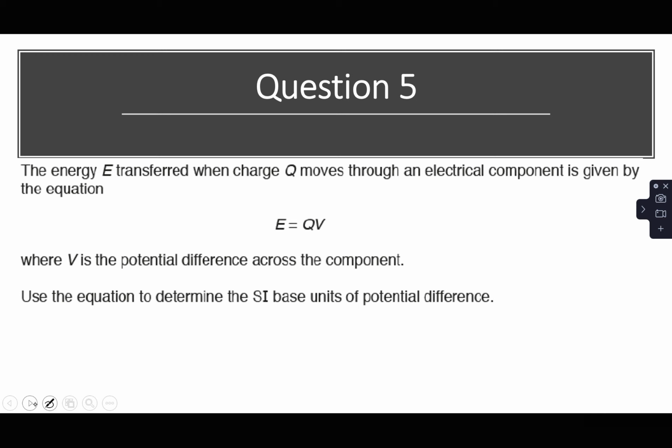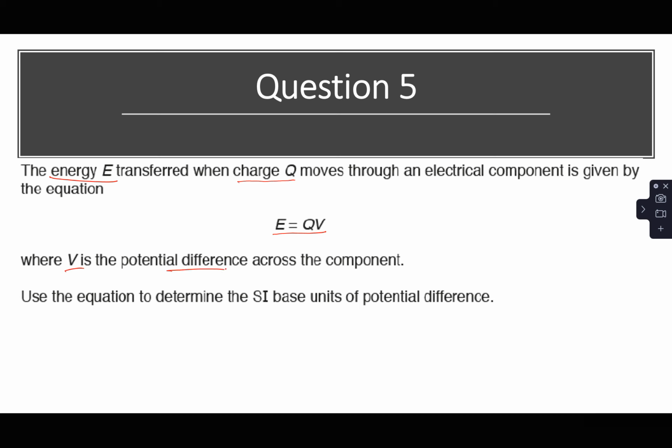Question number 5. The energy E transferred when charge Q moves through an electric component is given by the equation E is equal to QV. Remember, E has been defined as energy and Q has been defined as charge. V is actually the potential difference.